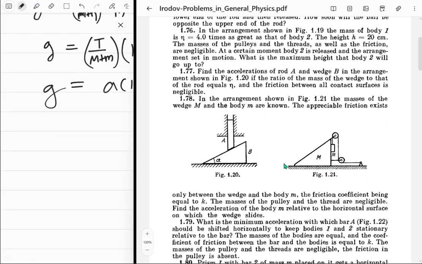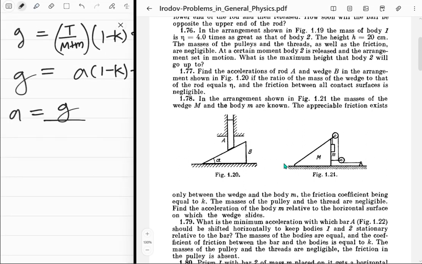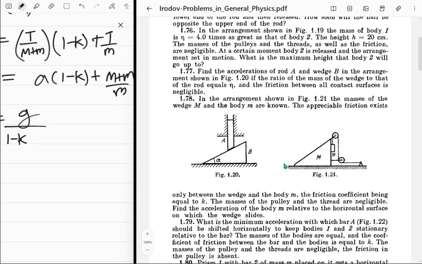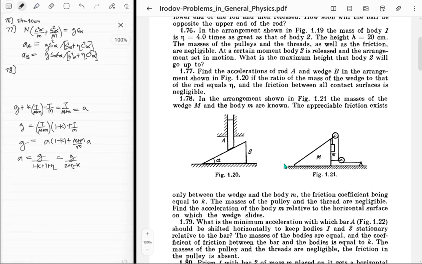So A is equal to g upon all of this messed up stuff. You know what? We'll just say capital M upon small m is eta. So this will be 1 plus eta, which is g upon 2 plus eta minus k. And I'm amazed it didn't cancel itself. Yeah, it did not cancel itself. Wow. Amazing.